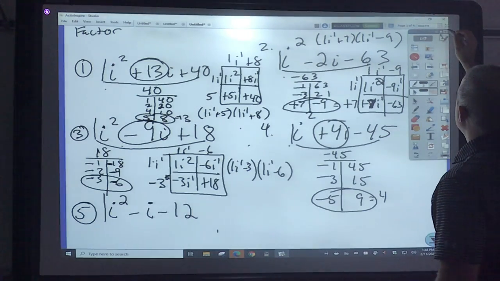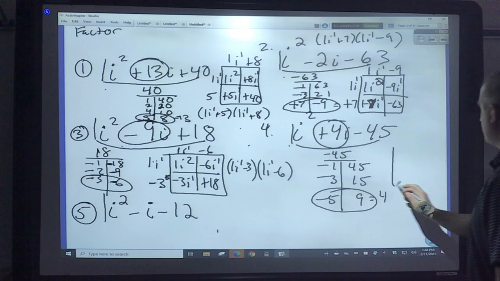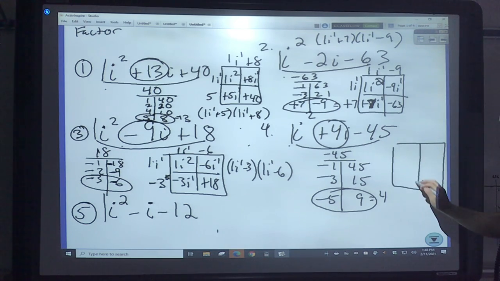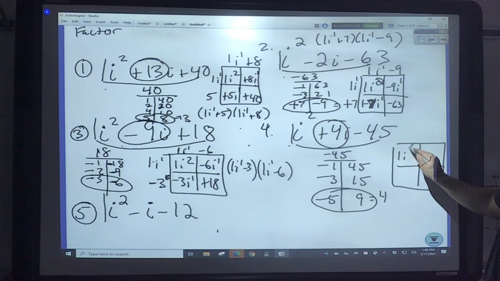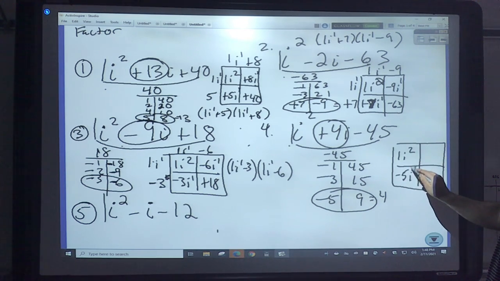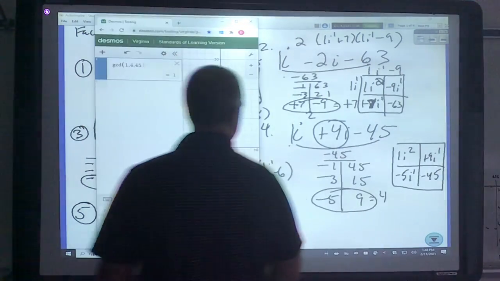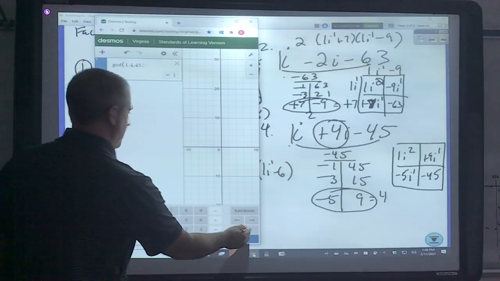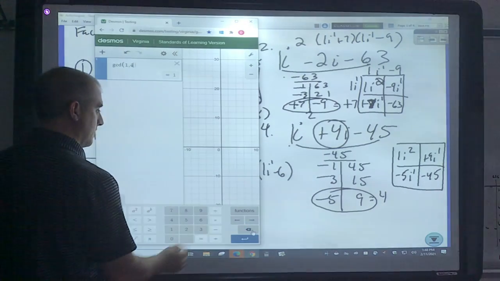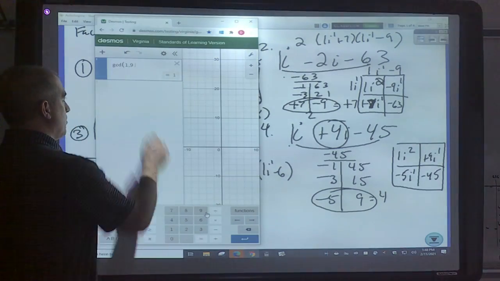So I would do my box. I got 1i squared minus 5i to the first plus 9i to the first minus 45. I'm going to do the GCFs horizontally. So that's going to be 1 and 9, which is 1.